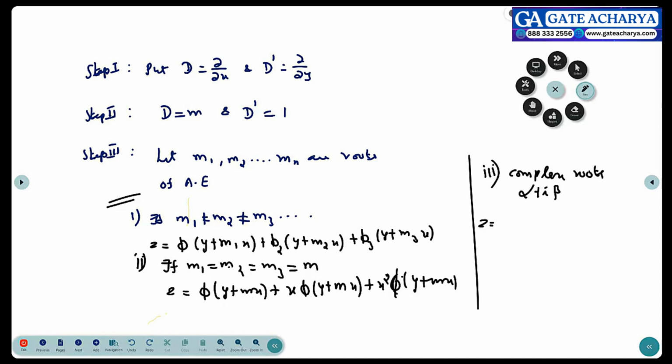So z is phi 1 of y plus alpha plus I beta of x plus phi 2 of y plus alpha minus I beta of x. அதேதான் இது மட்டும் ஆகும். Function of y plus x. C1 க்கு பதிலா alpha plus I beta, C2 க்கு பதிலா alpha minus I beta. Plus minus split ஆகும். அவ்வளோ.